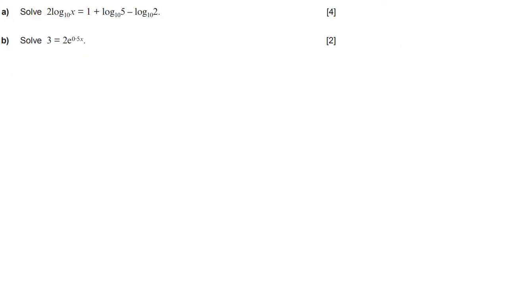Now we've been asked to solve. Here are basically logs. With these logs, there are rules that we have to remember. You've already covered them, so I'm not telling you anything new. But it is log A plus log B equals log A times B, the multiplication rule.